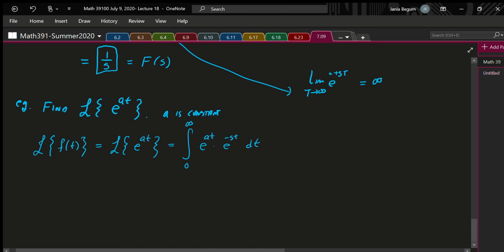The next step is to play around with this, and then hopefully we can integrate it successfully. I'm going to join the exponents by laws of exponents. So we get the integral from 0 to infinity of e to the (a minus s) times t, dt.